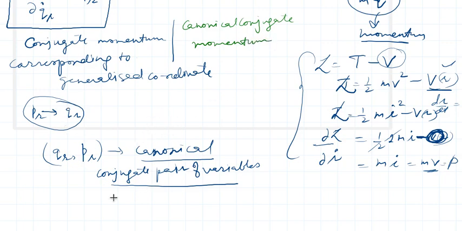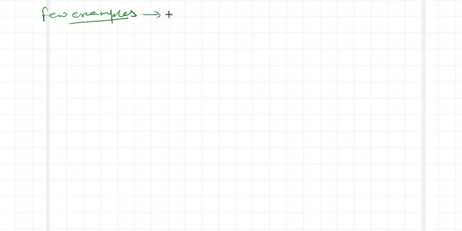Now let me generalize this idea. Let us understand this idea with the help of some examples. So let us take a few examples to appreciate the idea of canonical momentum.